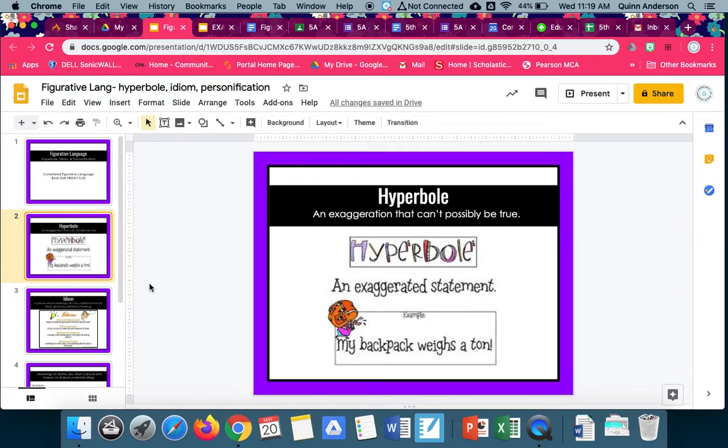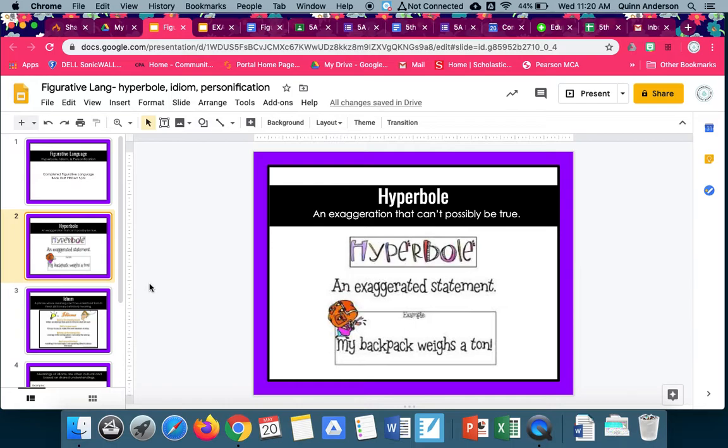Something that I frequently see with fifth graders as we are practicing these new types of figurative language is that sometimes numbers seem really big or something seems really exaggerated, but if you think about it, it could probably be true. If I were to say something like, my backpack is so heavy it weighs 20 pounds, that's pretty heavy.